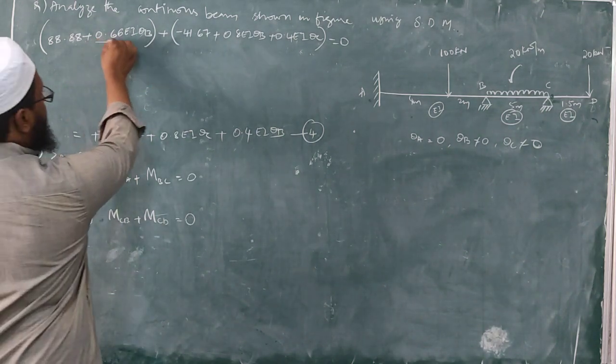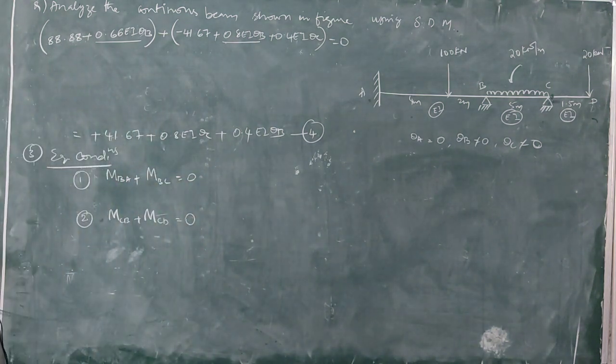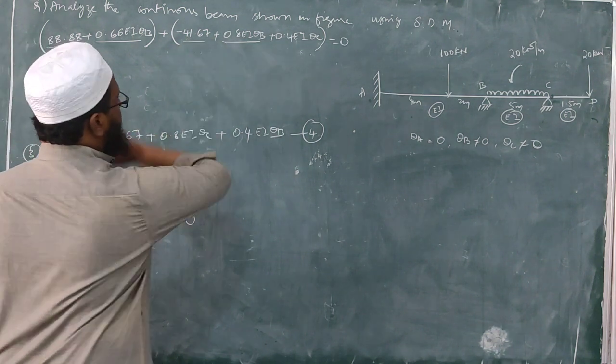So we have here EI theta B. We have here EI theta B. So we can add these two terms, isn't it? So this is one independent term, that is 88.88, here minus 41.67.